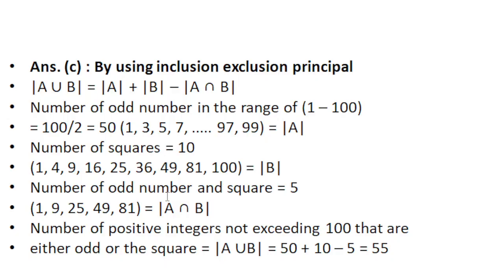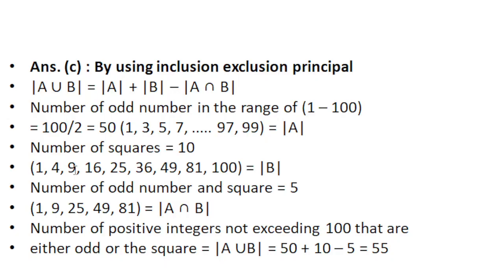Next we have to find A intersection B. The numbers that are odd and also squares, satisfying both conditions, taken from these two sets: 1, 9, 25, 49, 81. These are the numbers in A intersection B. 1 is an odd number and also a square number, 1 square is equal to 1. 4 we can't take because it is an even number.